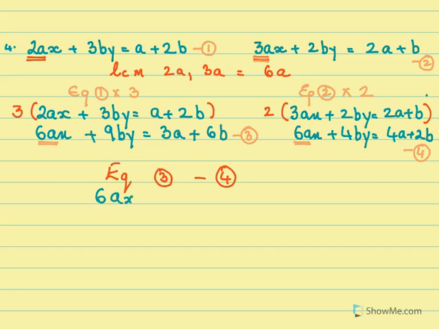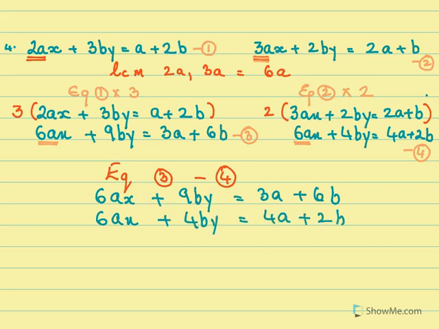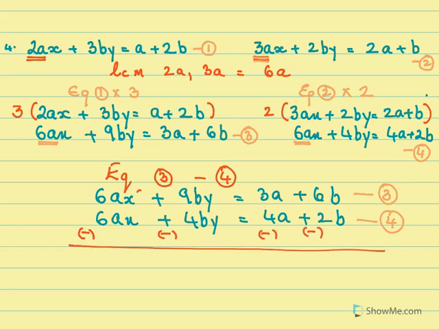So equation 3 is 6ax plus 9by equal to 3a plus 6b, and the next equation is 6ax plus 4by equal to 4a plus 2b. This was equation 3 and this was equation 4. Now go ahead and change the sign. The plus becomes minus, the plus is minus, the plus is minus, plus is minus.